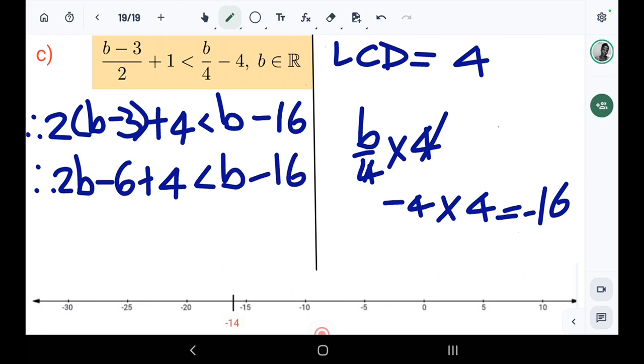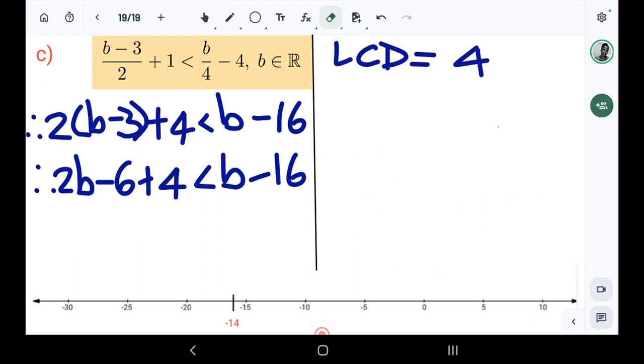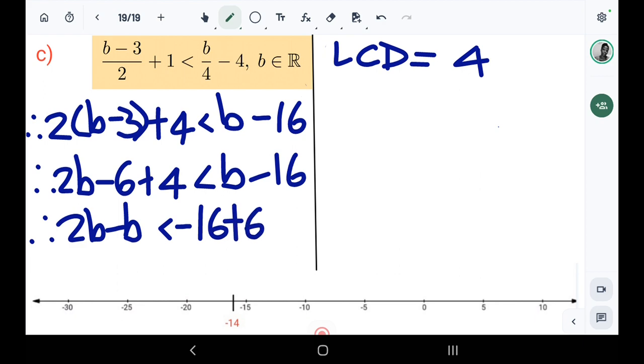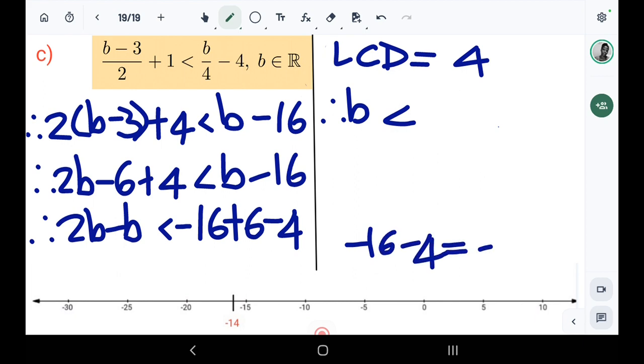Now you take everything that is b to the left hand side and everything that is a number to the right hand side. Therefore, 2b minus b is less than negative 16 plus 6 because it was negative 6 on the left hand side, minus 4 because it was positive 4 on the left hand side. Therefore, 2b minus b, that is b, is less than negative 16 minus 4, that is negative 20.